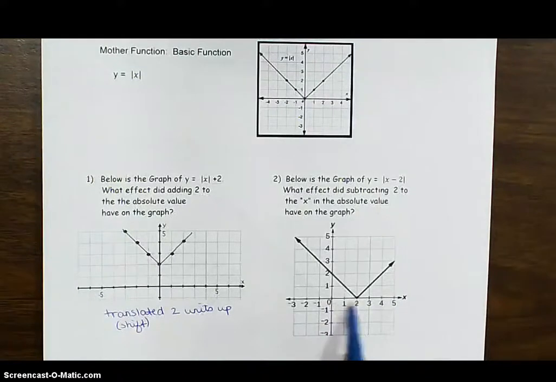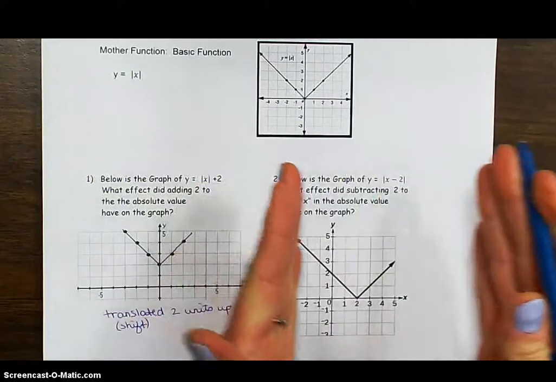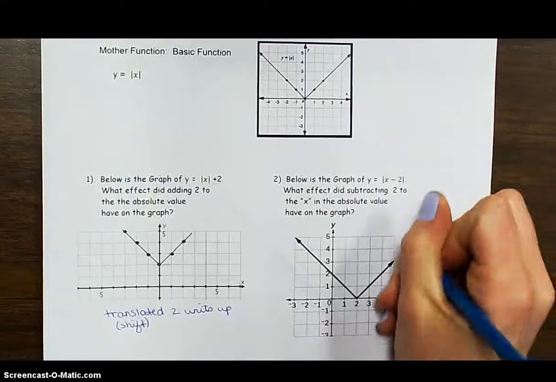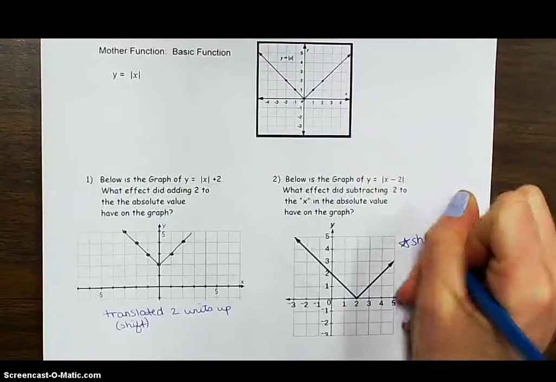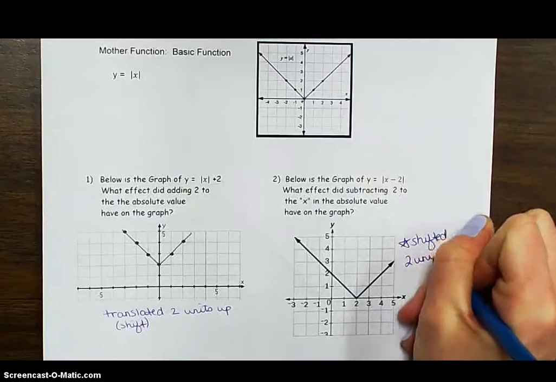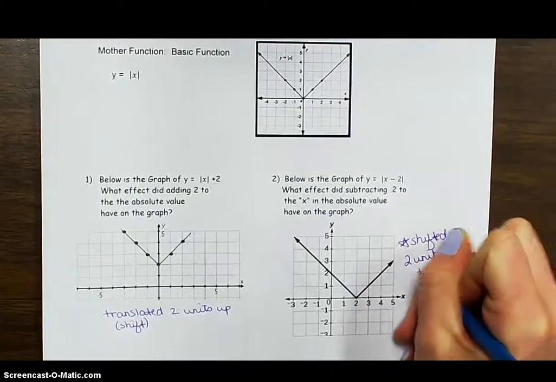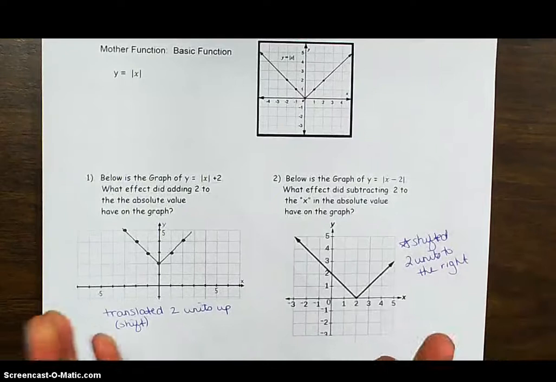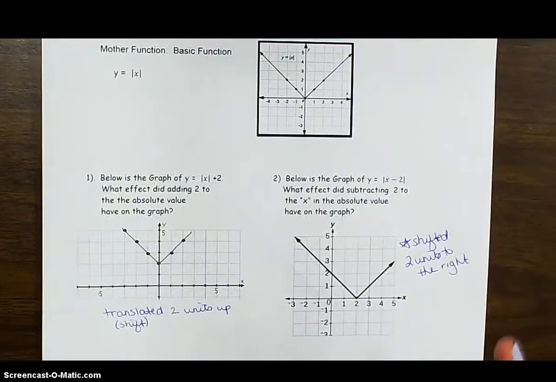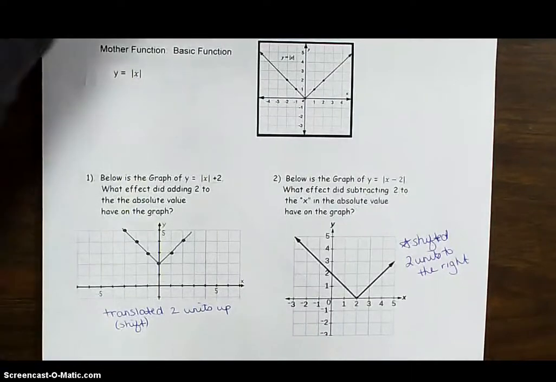Well, this time it looks like the whole graph shifted 2 units to the right. So here I'm going to write it shifted 2 units to the right. Did it change the v? Nope, the v is still there. It's just moving its location.